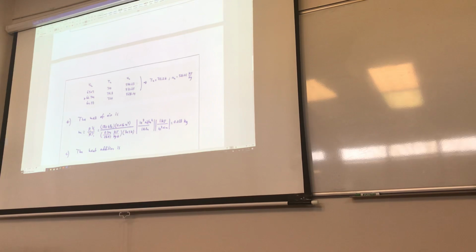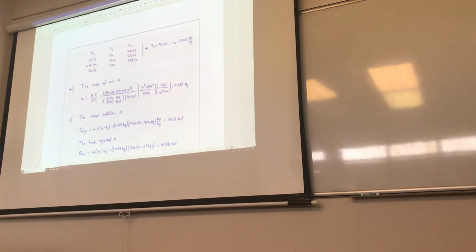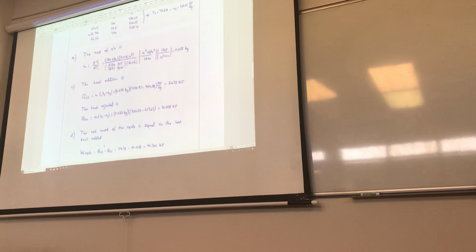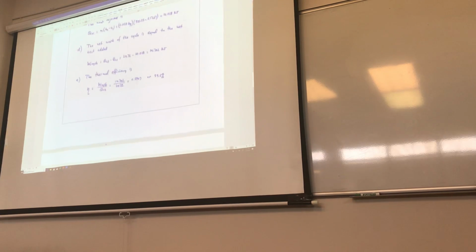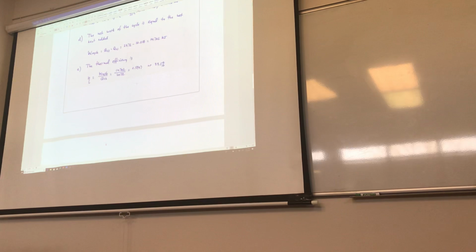Use the ideal gas state to find the mass, the heat addition, see here, H3 minus H2, whereas the heat rejected is U4 minus U1. So the U's and then the H's. That's the distinction I wanted to make sure was done. And then finding the heat added and thermal efficiency is not a problem at all.